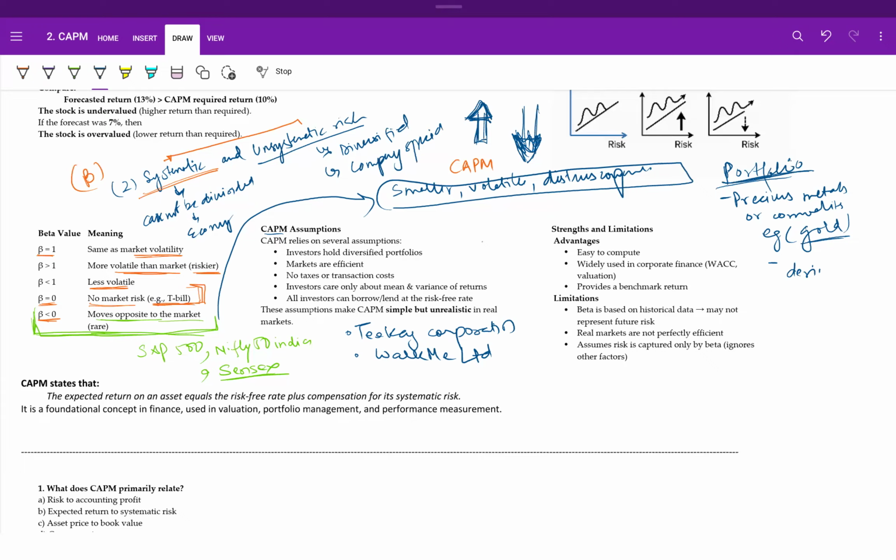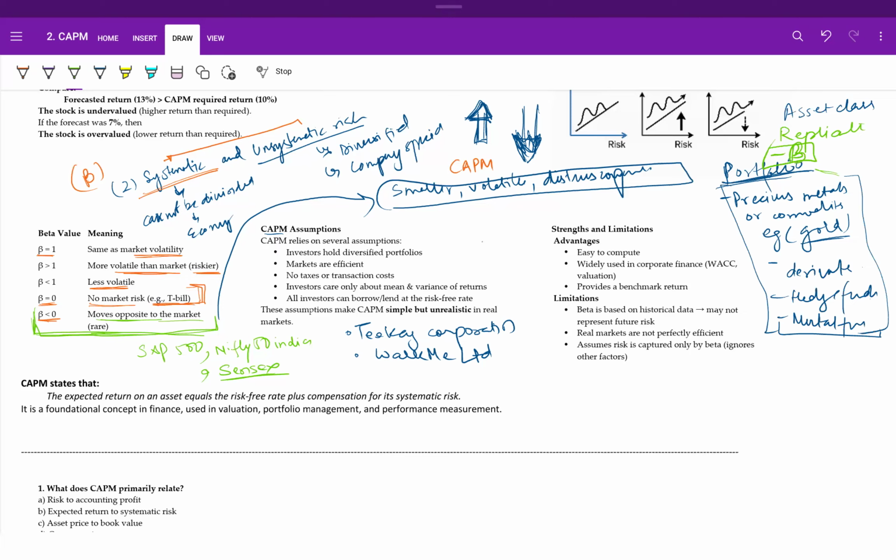Or hedge funds or mutual funds also. So these are the asset classes which replicate a negative beta somehow.